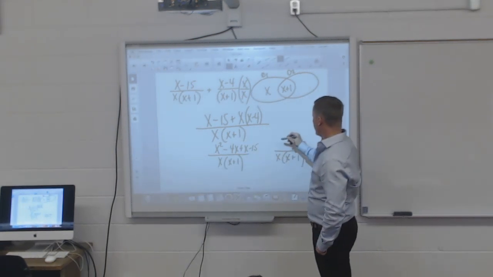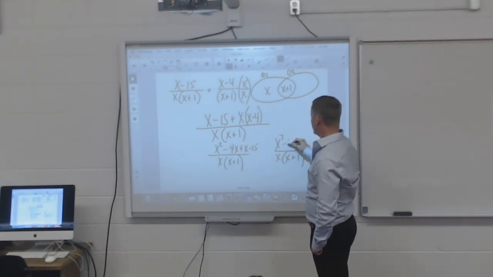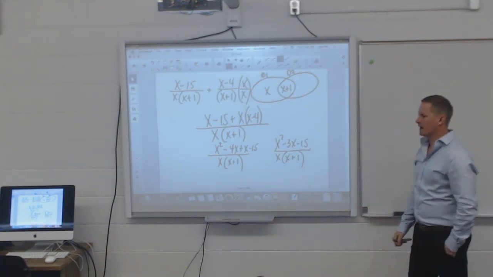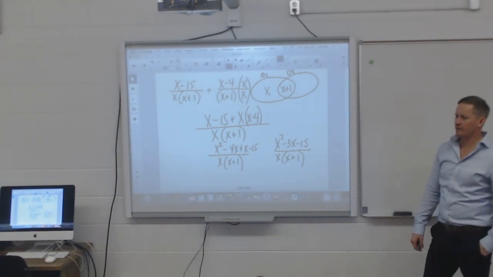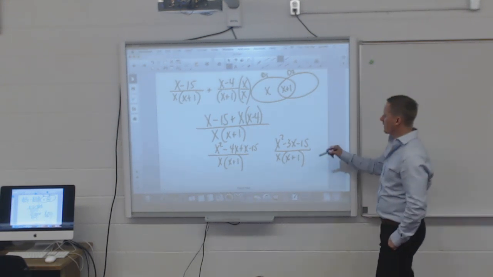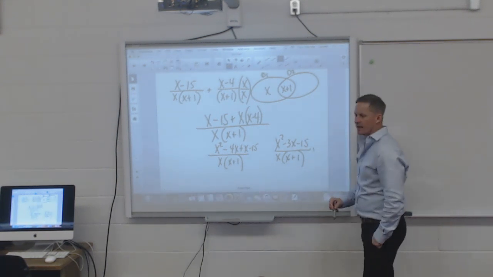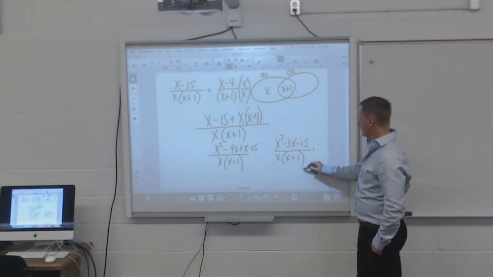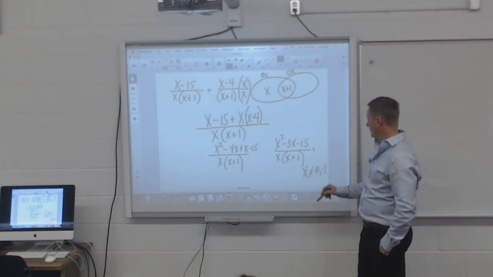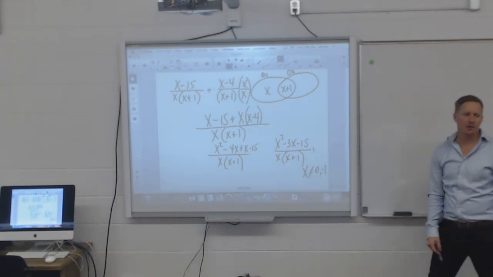Now I've got x squared minus 3x minus 15. Are there any factors of negative 15 that add to give me negative 3? No. This is my final answer. What else do I need to have there? Non-permissibles as well. 0, negative 1.